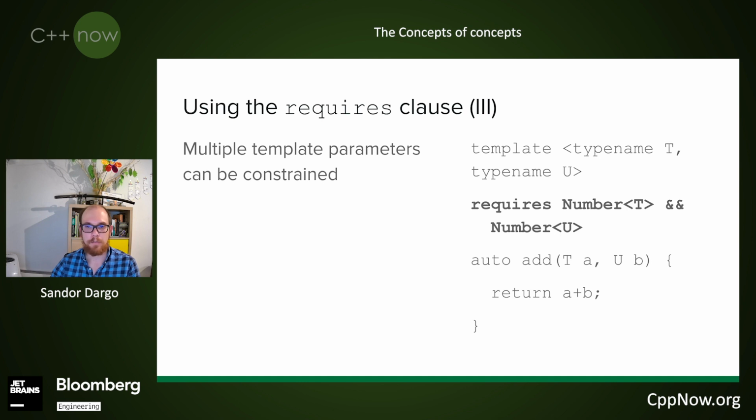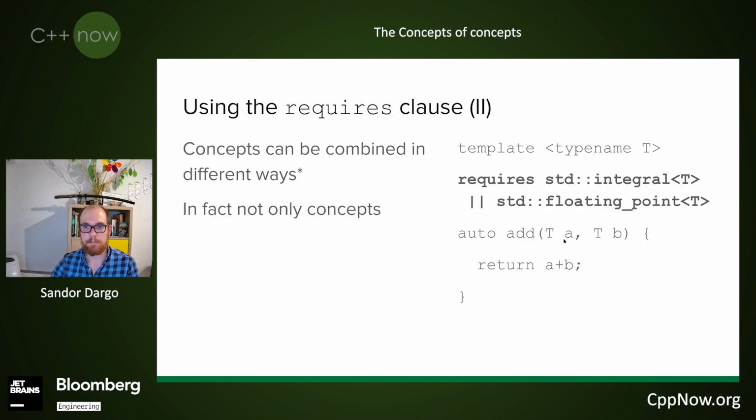Let's say we go back to the previous example, and you want to use add with an integer and with a floating point number at the same time. Then this will not compile, because A and B must be of the same type. Even though both int and, say, a float will satisfy the constraints that you have here, they must be of the same type. So this won't compile.